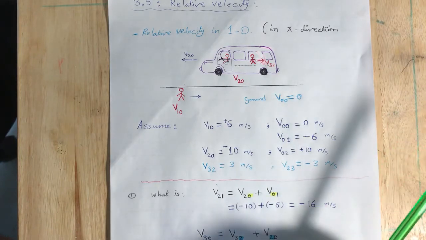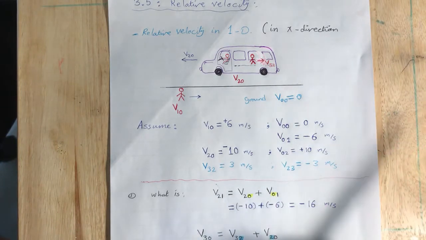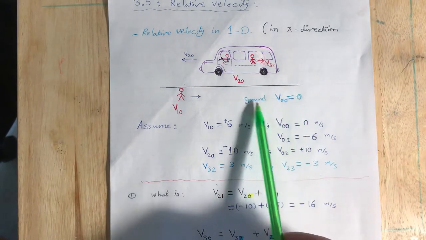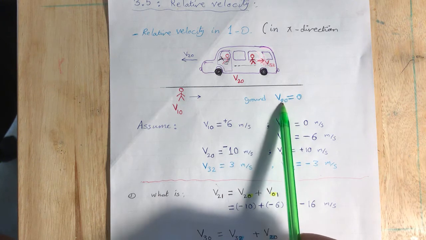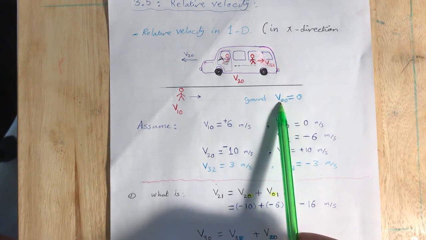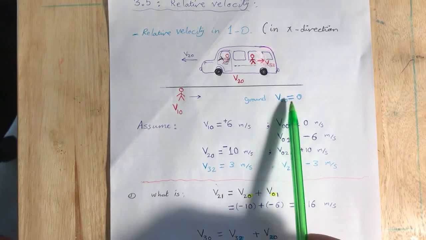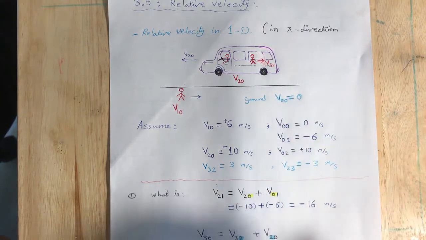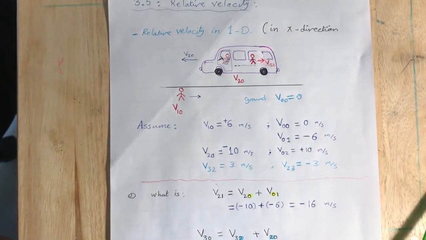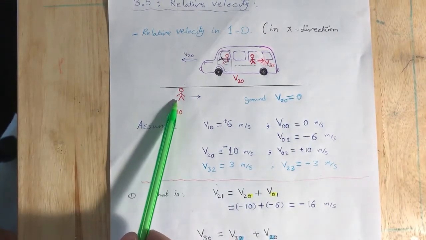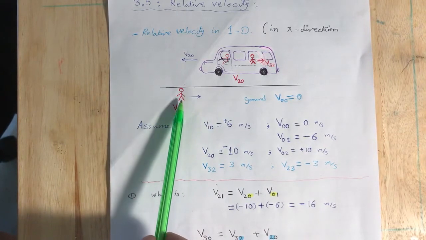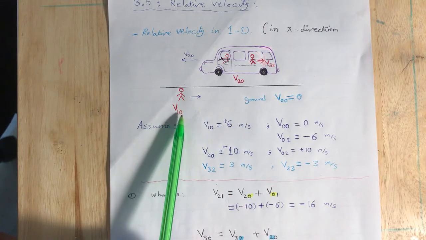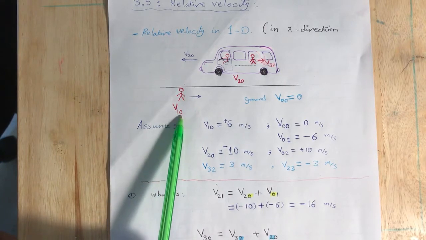So my reference in general is the ground. So the velocity of the ground, which is numbered by 0, with respect to itself, which is v00 or v ground with respect to ground, is equal to 0 meters per second. The velocity of the person on the ground, who is walking for example, or maybe he is standing, with respect to ground is v10.